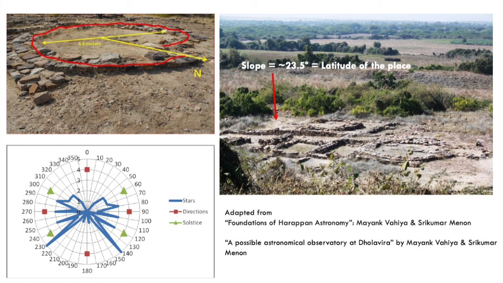This is like a calendar which points towards the north and shows you how the stars are moving. In the figure below, you can see that they have plotted the various locations of the stars, the directions, as well as the solstice positions and the equinox positions. So this was not an instrument actually. This was a method which was used in ancient India during the time of the Indus Valley civilization.